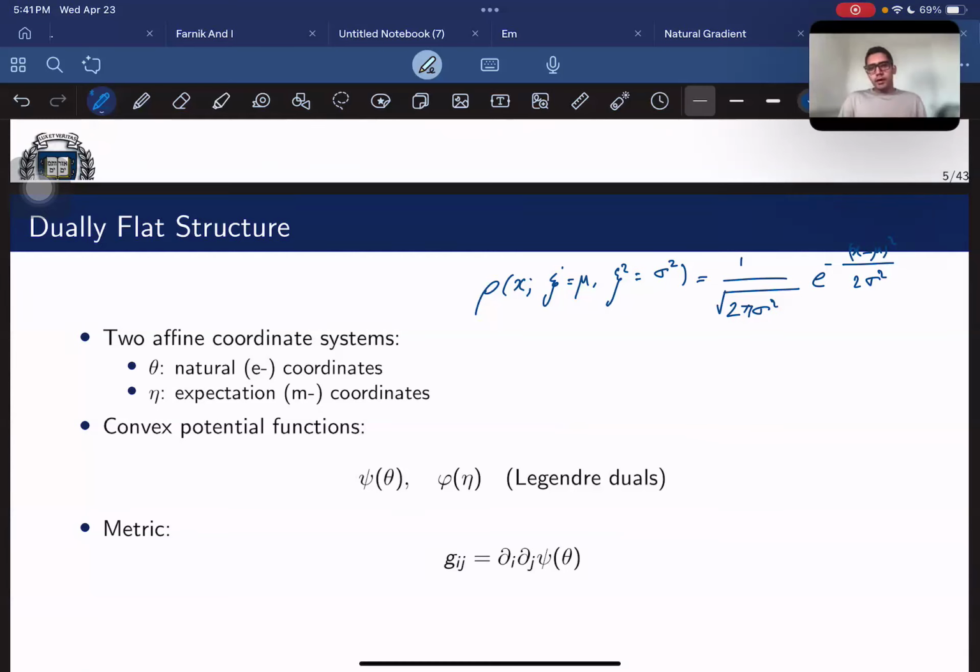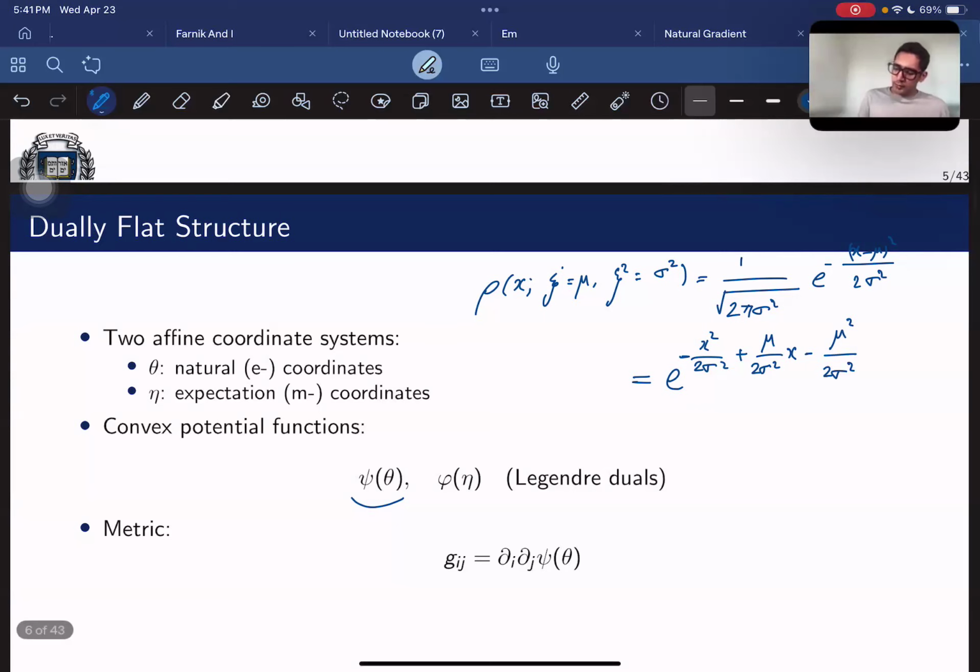Then if we want to find the natural coordinates, we need to first find the function psi of theta. If you guys remember, we can show this the same way with minus x squared over 2 sigma squared plus mu over sigma squared x and minus mu squared over 2 sigma squared.